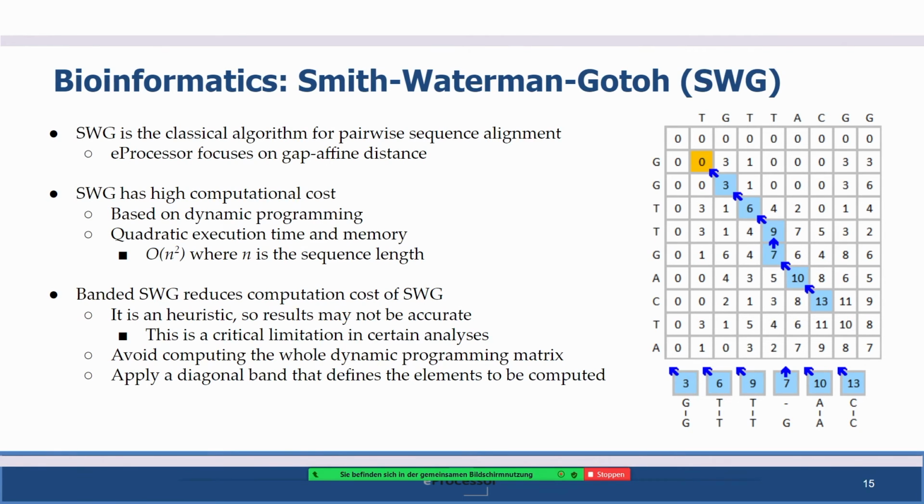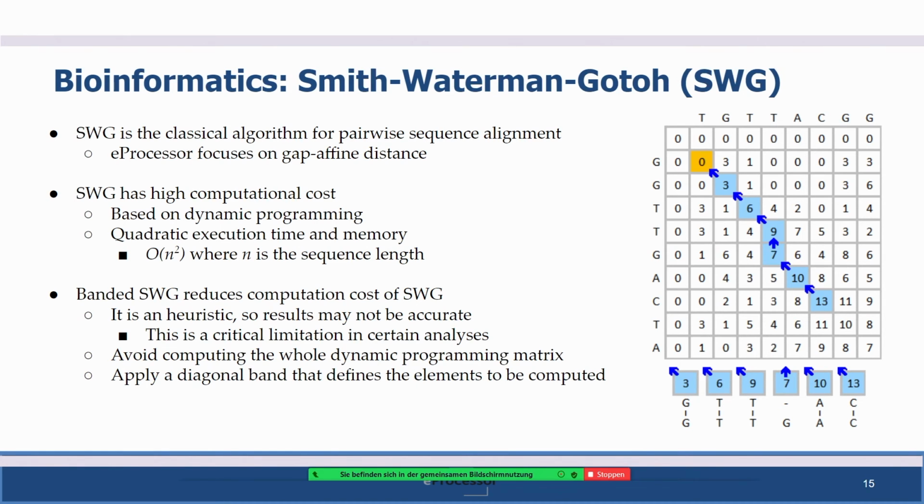The idea of the banded approach is to avoid computing the whole matrix of the dynamic programming, but rather just focus on diagonals that go from top left to bottom right and define the elements to be computed. So you're leaving some elements uncomputed, and obviously you have this trade-off between the accuracy of the algorithm and how much computation you want to do. So this is a classical algorithm.